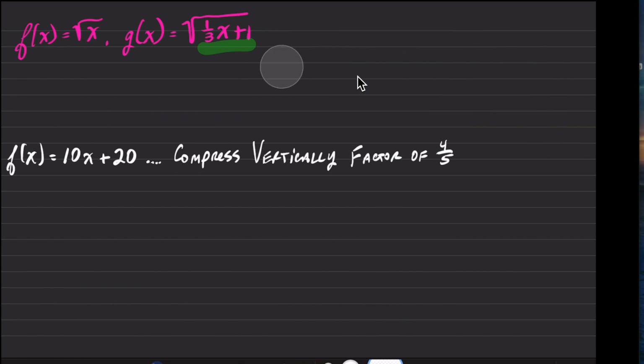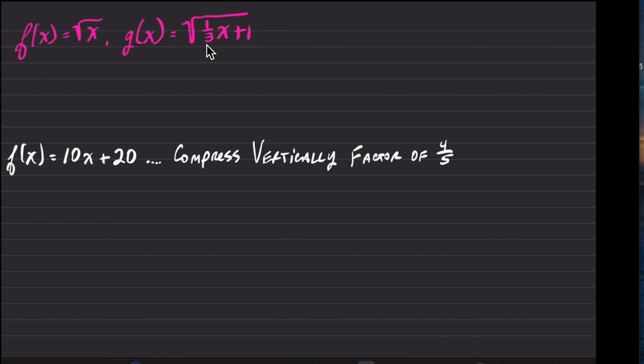Okay, so let's talk about this specific example where we take the parent function of the square root of x, and our new transformed function is the square root of 1/3 x plus 1. All of this is in the radicand. All of this is on the inside.